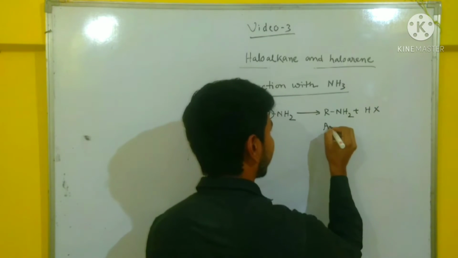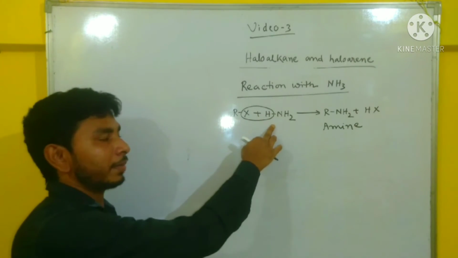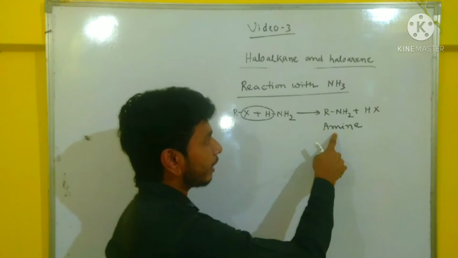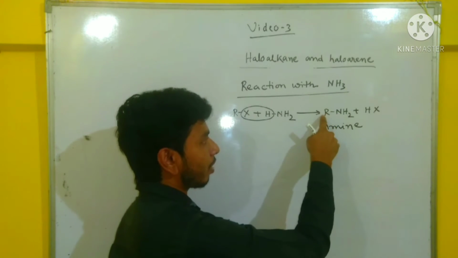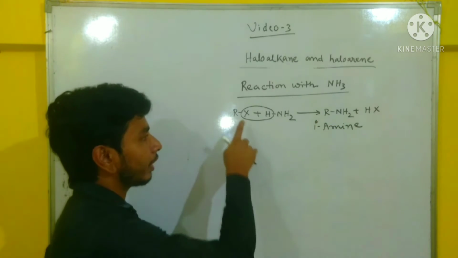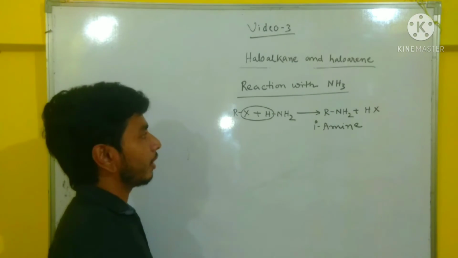So it is an amine. Alkyl halide on treatment with ammonia gives the amine. Now this amine is a 1 degree amine because here nitrogen is bonded with one alkyl group. So alkyl halide on treatment with ammonia gives a 1 degree amine.